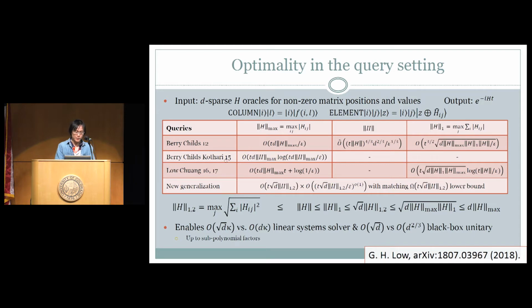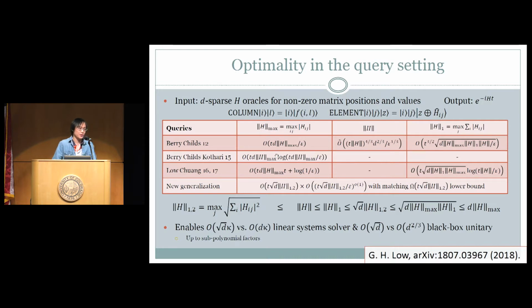The first result that achieved optimality in more than one of these parameters was by Dominic Berry and Andrew Childs. Essentially, you have linear scaling in time, linear scaling in sparsity, and linear scaling in max norm. Then in more recent work, the scaling with respect to error was improved to a logarithmic factor, then finally to an additive factor, which is optimal.